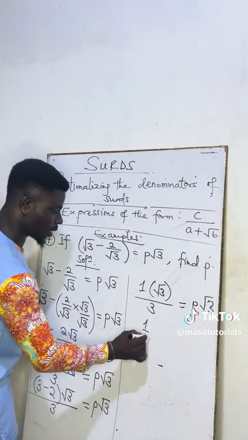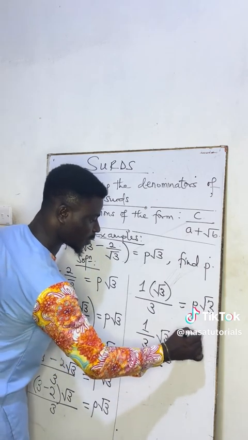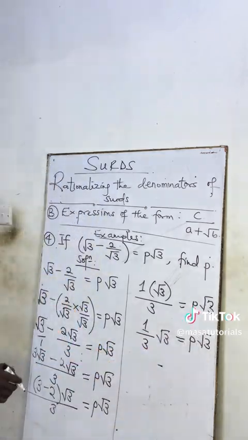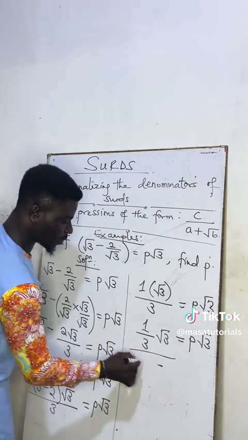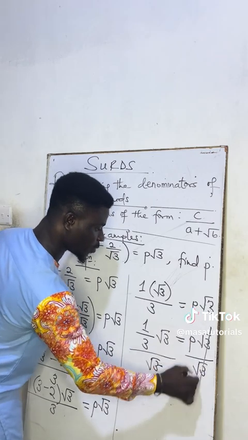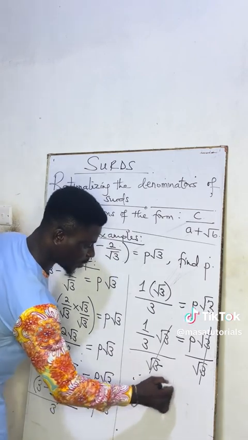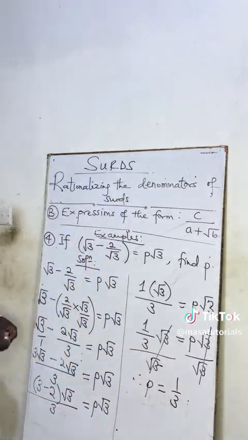Now this can be written as 1 over 3 square root of 3 equals P square root of 3. You can divide both sides by square root of 3. Then this one cancels, this one cancels. So what will be P? Therefore P is just 1 over 3.